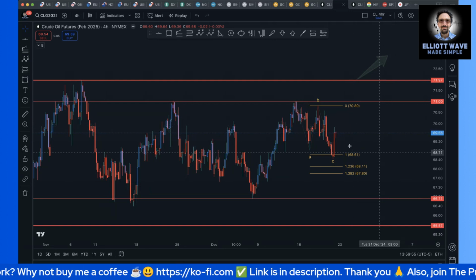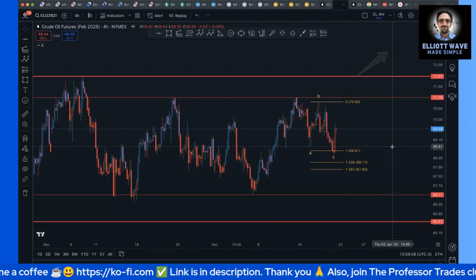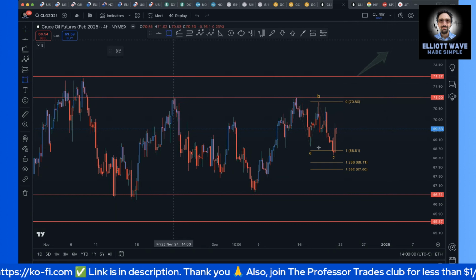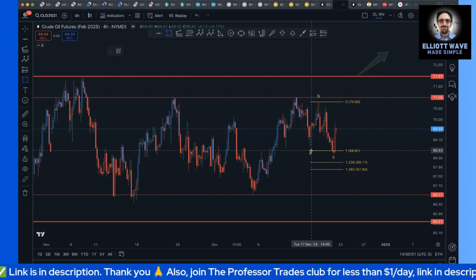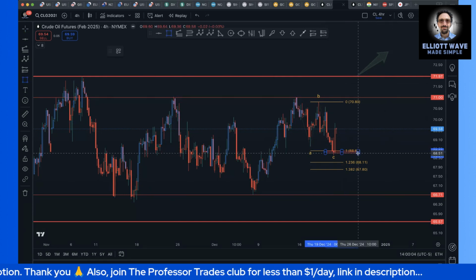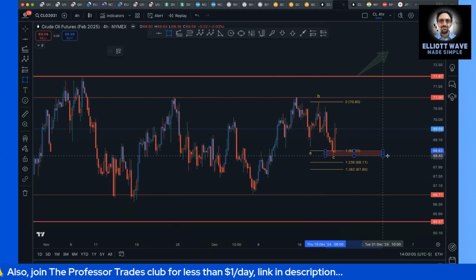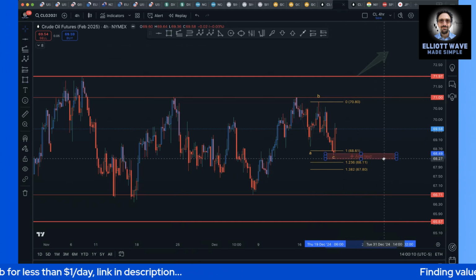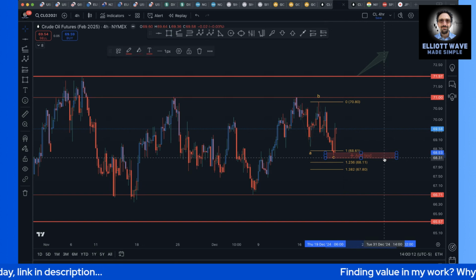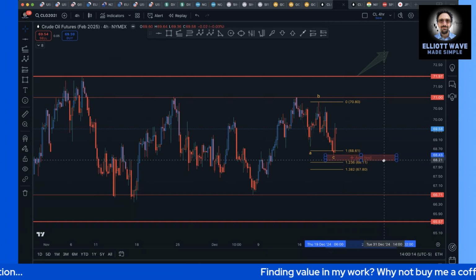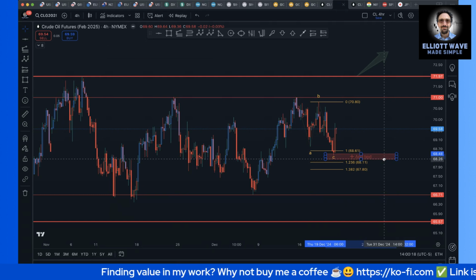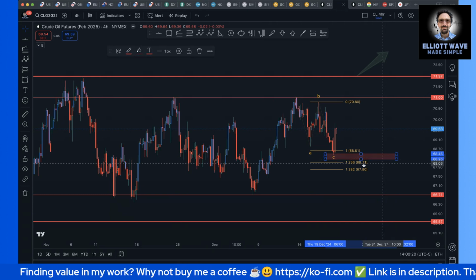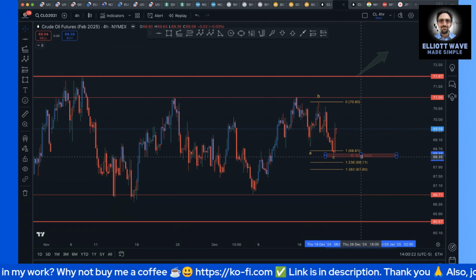So that's my thinking. But a solid clue is if it comes back down and gets below this, so what I'm going to do is drag this down a little bit more. If it wants to come back down, I like to use a 1 hour chart.